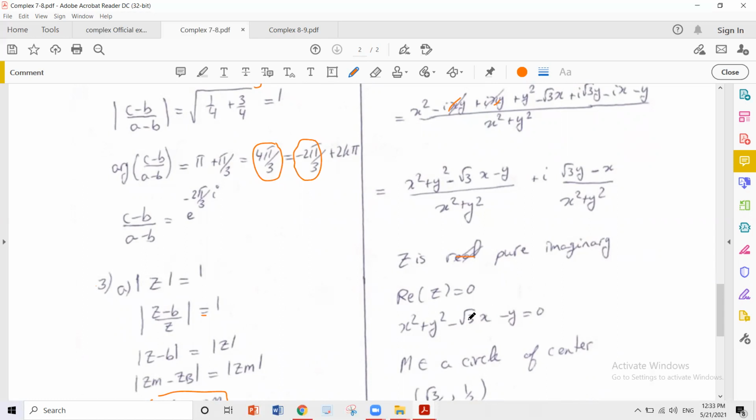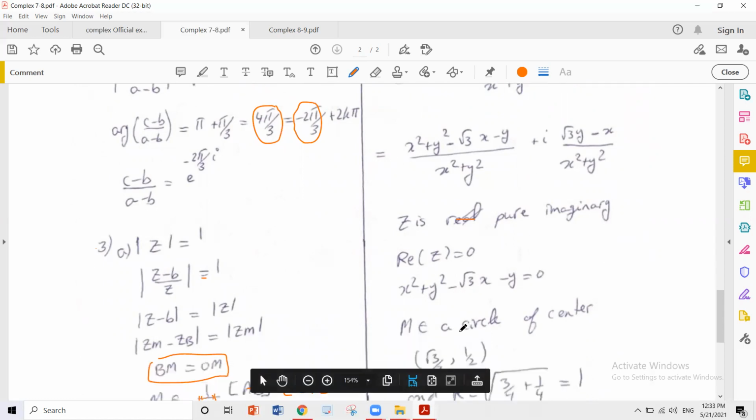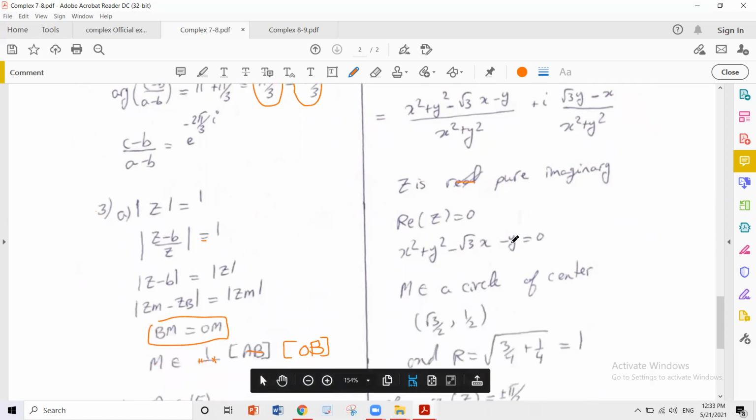Remember yesterday how we found the center and the radius? Yes. Center: I divide the coefficient of x by -2, it becomes radical 3 over 2, and the coefficient of y by -2, one half. M belongs to a circle of center radical 3 over 2, one half.